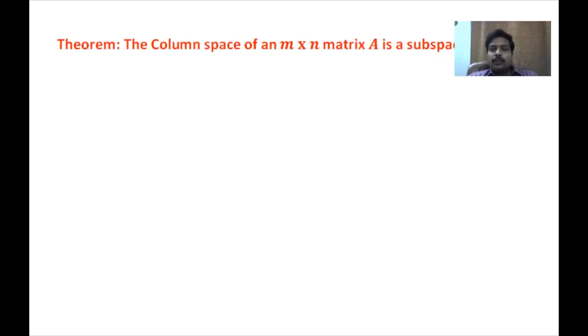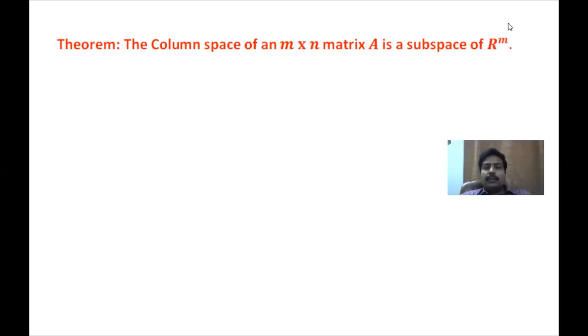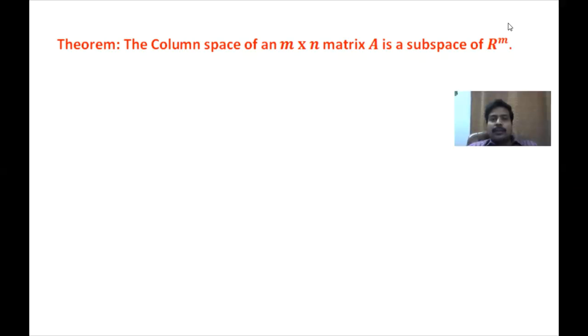Next, let us prove this statement. The column space of an m by n matrix A is a subspace of Rm. In the previous class, we have shown that the null space of A is a subspace of Rn. Now it is Rm.